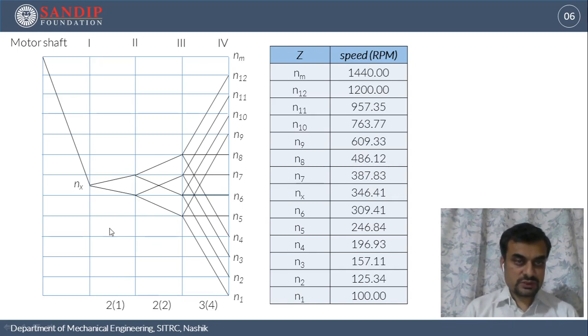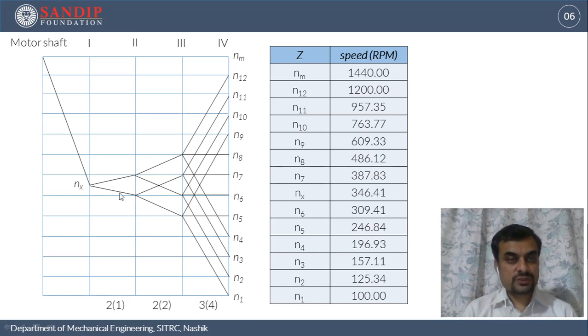If we consider the first stage, Nx is the input speed and we have got 2 output speeds. The output speed N7 will be achieved by one of the gear pairs. The gear ratio of this gear pair will be N7 by Nx. Similarly, another output speed N6 will be achieved by the other gear pair.